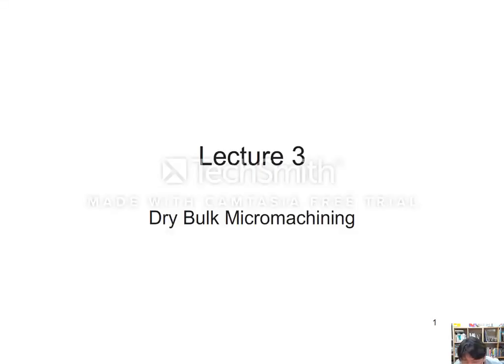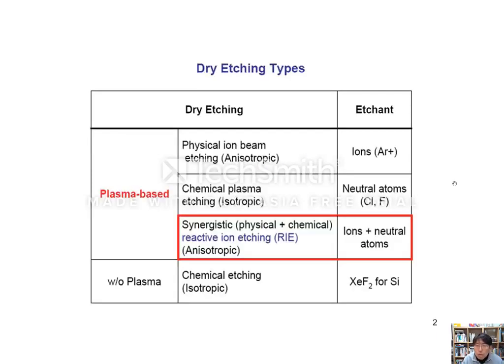Hi, let's talk about dry bulk micromachining from this point. Where in dry etching types, dry etching means we do not use any wet chemicals.